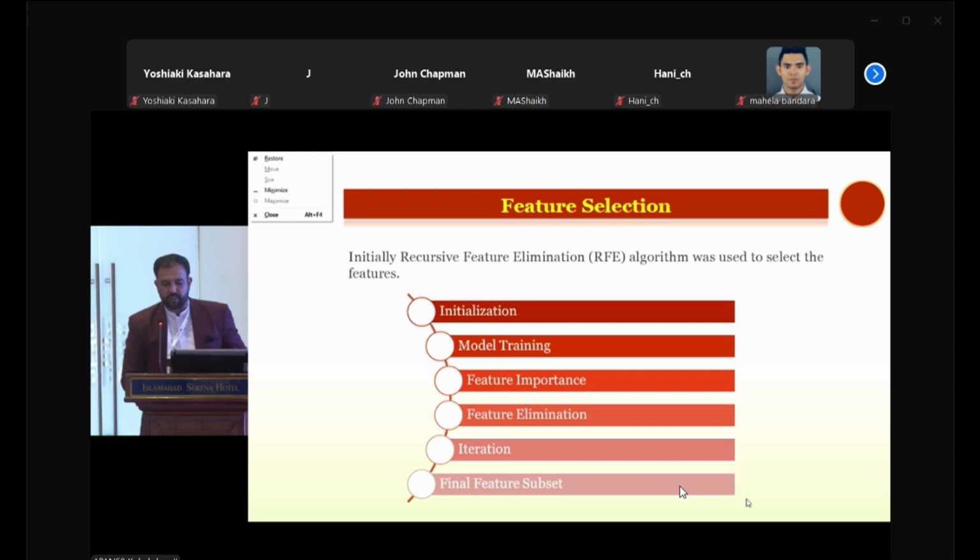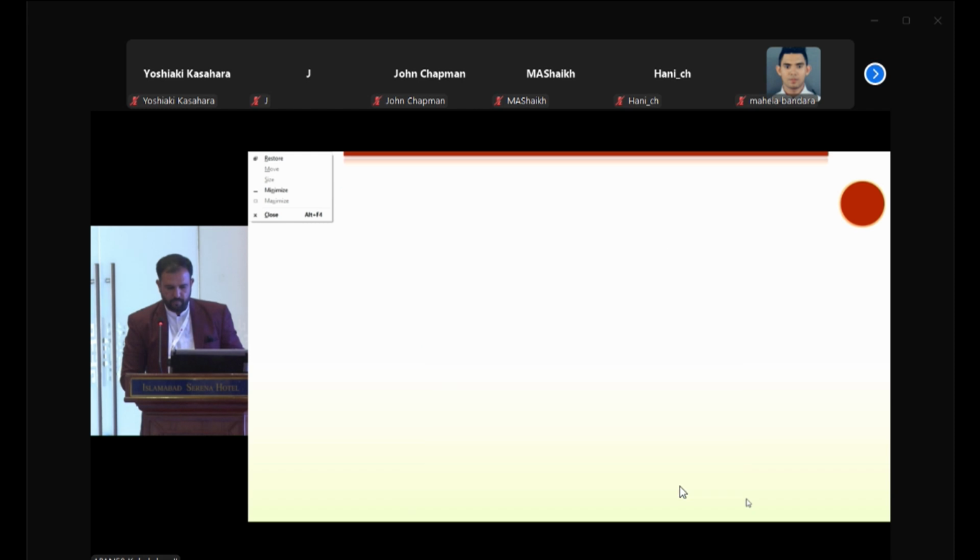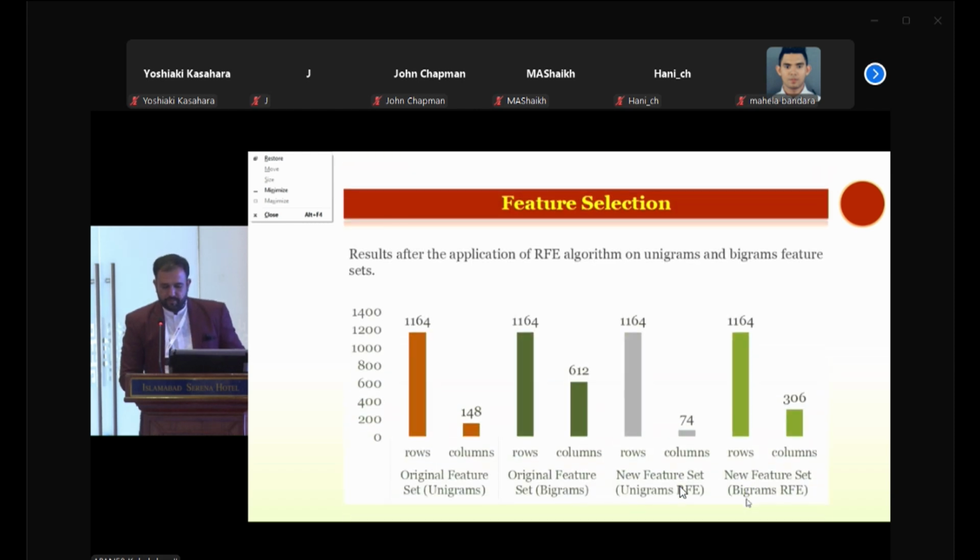Initially, the recursive feature elimination algorithm was used to select the features. Before selection, the original feature count was 148 in the unigram set and 612 in the bigram set. After the application of RFE, we gained 74 features in the case of unigrams and 306 features in the bigram case.